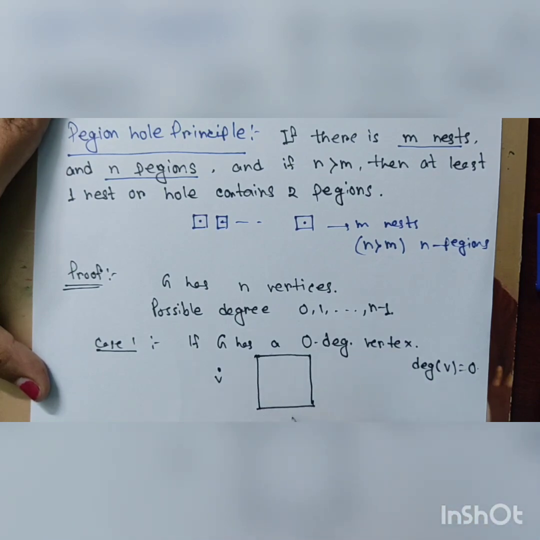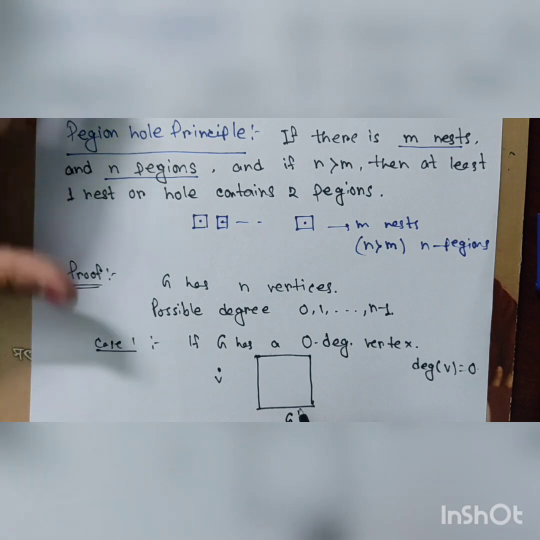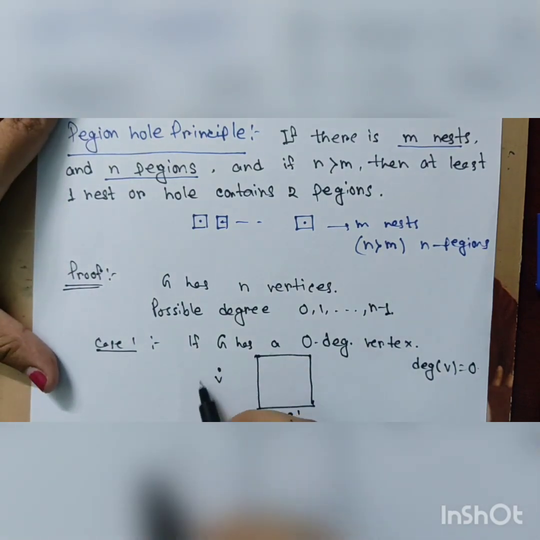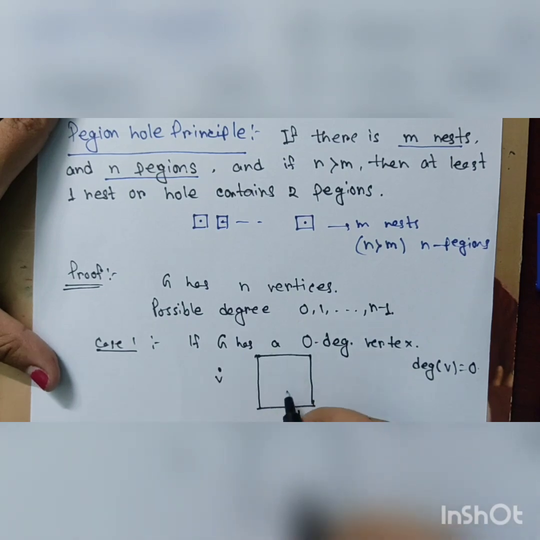We are considering this to be G prime, that is the induced subgraph. We will discuss later what an induced subgraph is, but let us consider now that V is a vertex, and except itself there are n minus 1 other vertices, and this V is not adjacent to any of them.